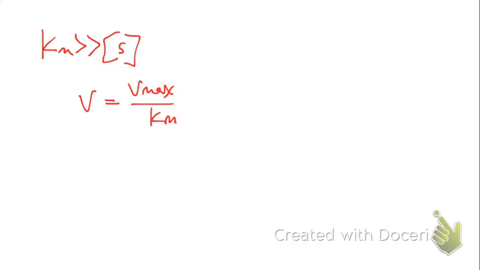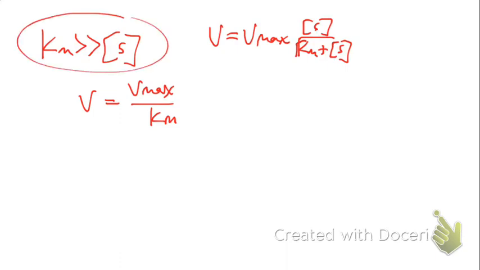Remember, we have V is equal to Vmax times S over Km plus S. Well, if Km is much greater than S, the denominator is pretty much going to be Km. And so then I'm going to draw this slightly differently, where we have V equal to Vmax over Km multiplied by the concentration of the substrate. This is a first order rate equation.